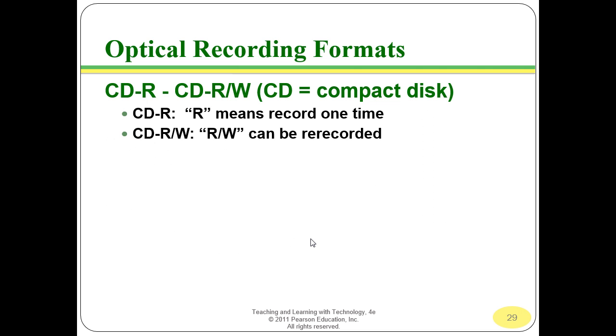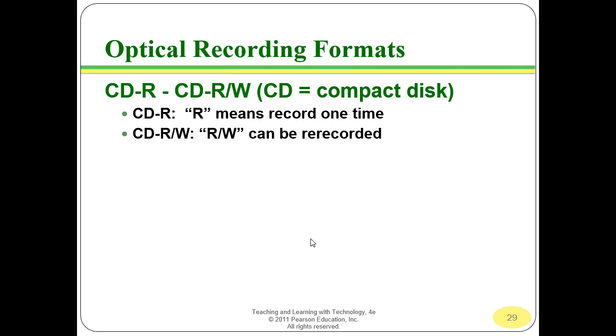Now, one thing you've got to watch for is the nomenclature on the CD or DVD. If you see CDR, the R means that you can record that CD one time, and that's it. Another way we describe it is that we can burn it, because literally a laser beam burns that CD or DVD media, so we can use it one time.